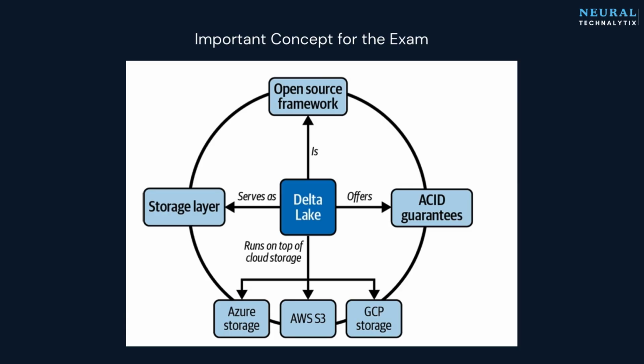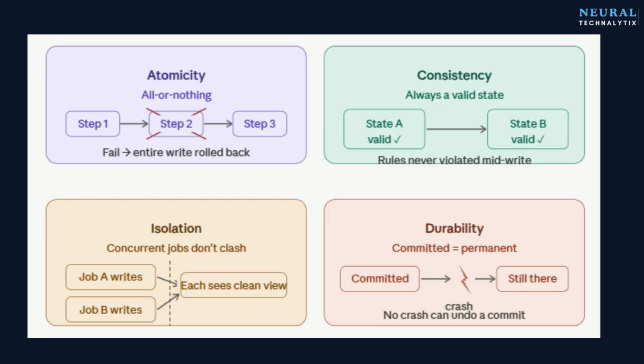Why Delta Lake exists? To understand why Delta Lake exists, we need to talk about something called ACID transactions. ACID stands for atomicity, consistency, isolation, durability. These principles ensure that data operations are reliable and complete. But traditional data lakes do not support ACID transactions, which means several problems can occur.